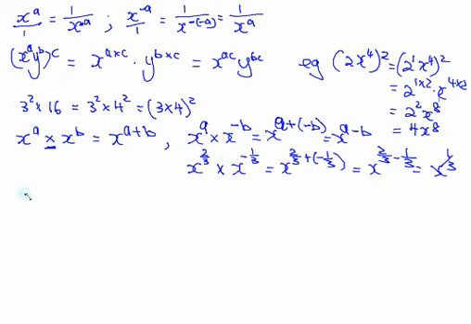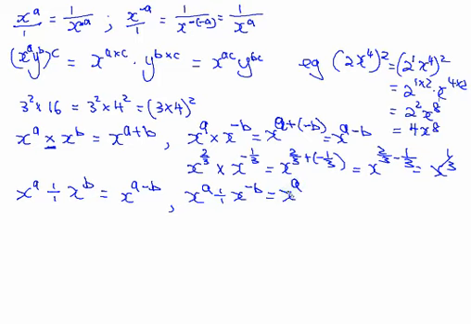Now, if you have x^a divided by x^b, then because it's divide, you have a negative, so this becomes x^(a-b), that's the answer. Now, what about x^a divided by x^-b? So x^a, divide means minus, originally it's minus b, you just follow.